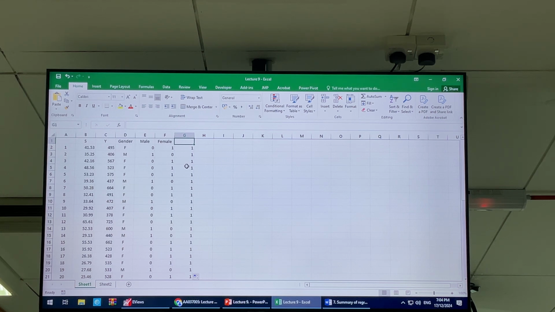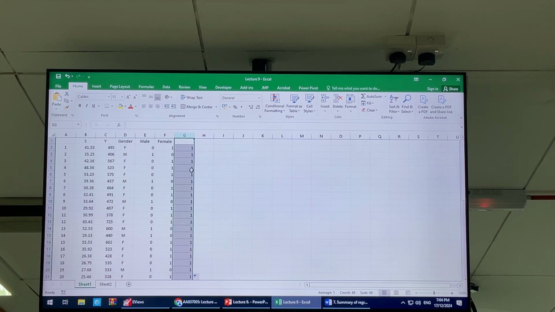But you need to make sure of something. If you have three categories, but no observation belongs to the third category, then you still have a problem. You create that variable, but your data only belong to the first two categories. You still have a problem, even if you exclude the third one.